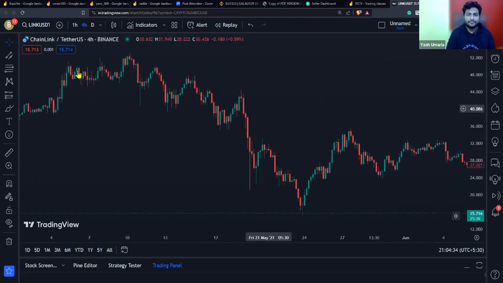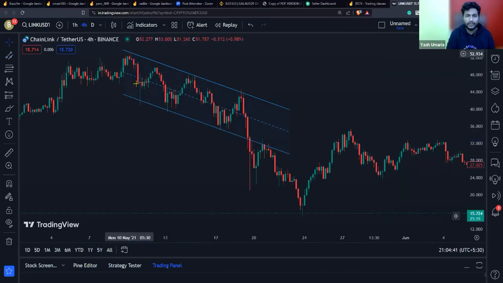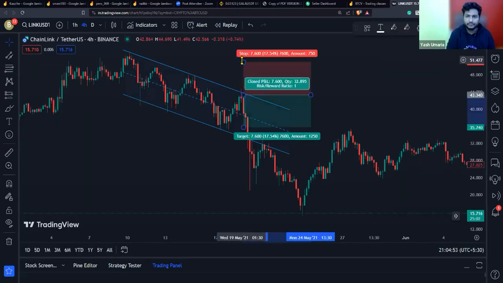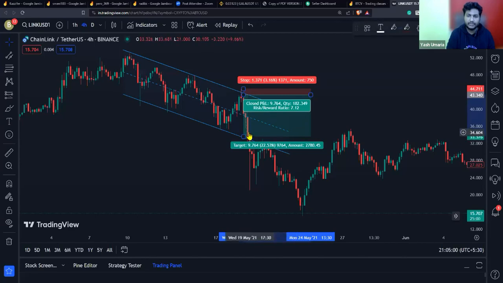Okay, this one. A, A dash, A, B dash, B, C dash, C, something like this. Of course, you can take a trade right here. It's very simple.